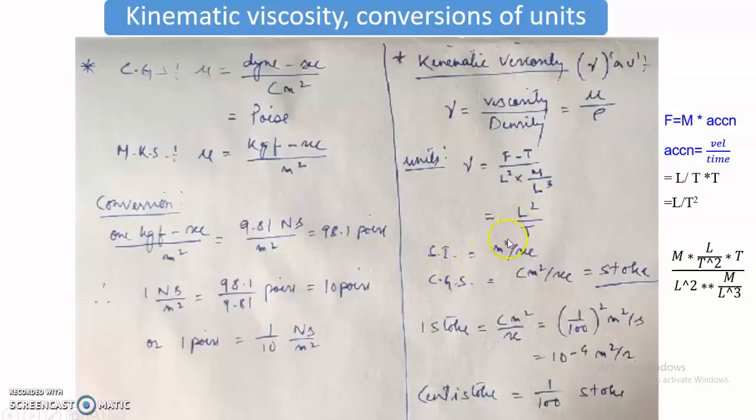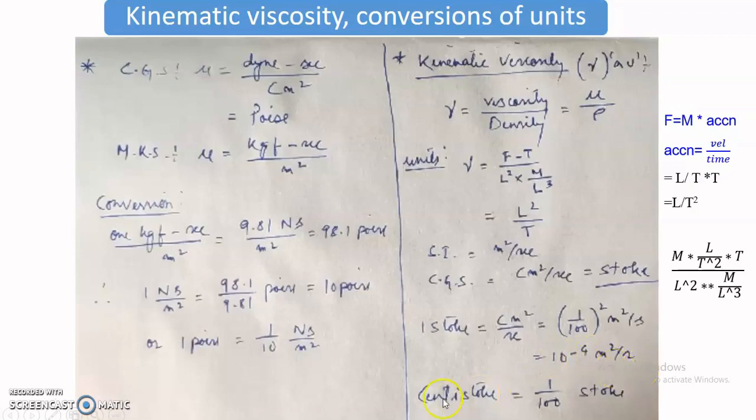Now it becomes easy, so we can have the unit of kinematic viscosity. L means length, that is meter square, and time means second. In SI it will be meter square per second for kinematic viscosity, and for CGS it will be centimeter square per second, and this centimeter square per second we also call a stokes. So 1 stokes is equal to centimeter square per second, or is equal to 1 by 100 whole to the power square meter square per second, or simplifying more, is equal to 10 to the power minus 4 meter square per second.